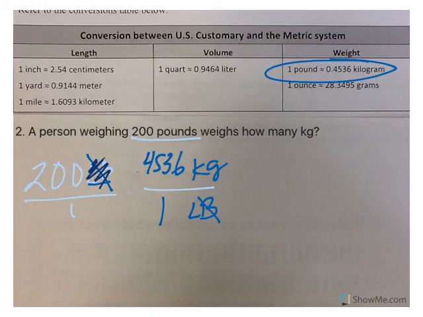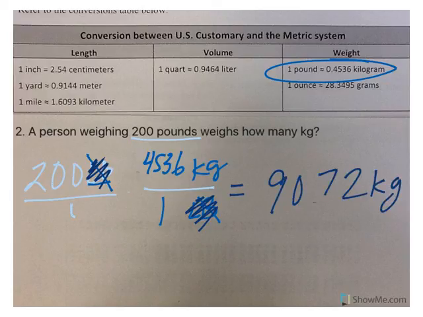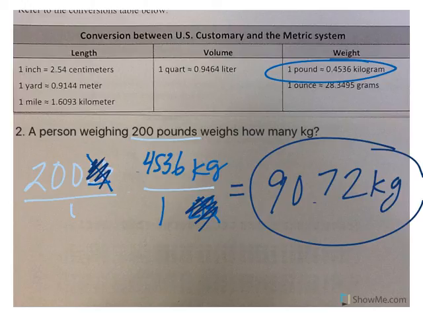So this makes my pounds cancel out. I multiply across the top and I get 90.72 kilograms. If you ever want to tell people how much you weigh, you could change your weight to kilograms, give them that number and just not say kilograms. You're not lying. You're just not giving them the units they're used to. It's called bending the truth, and mathematicians do it all the time.